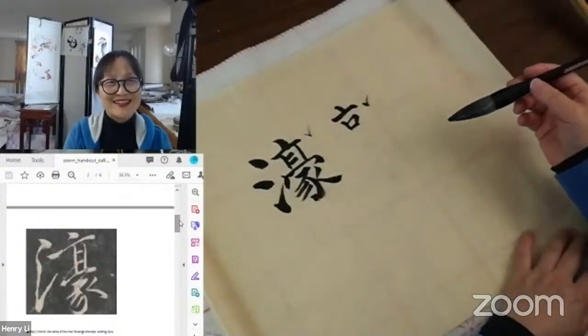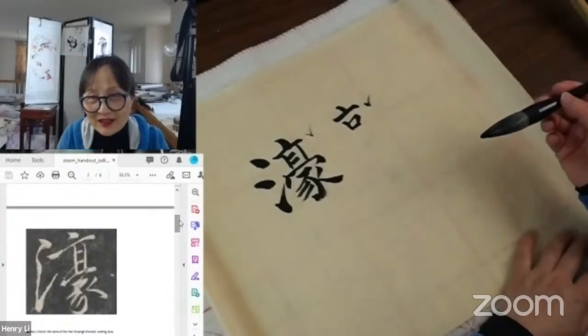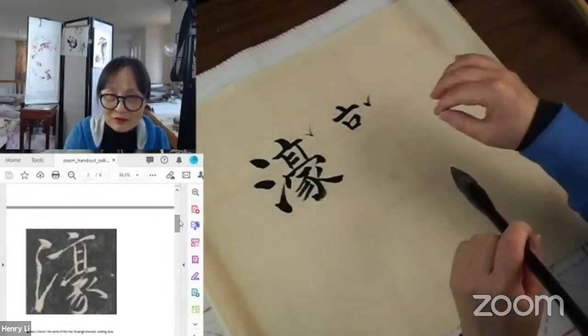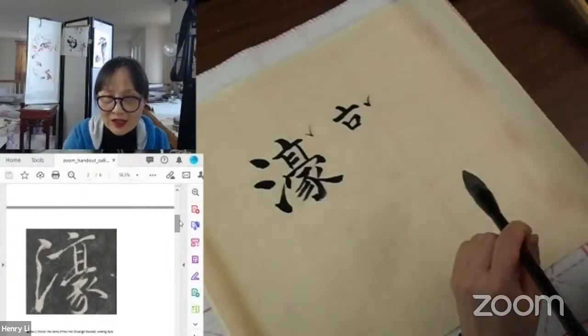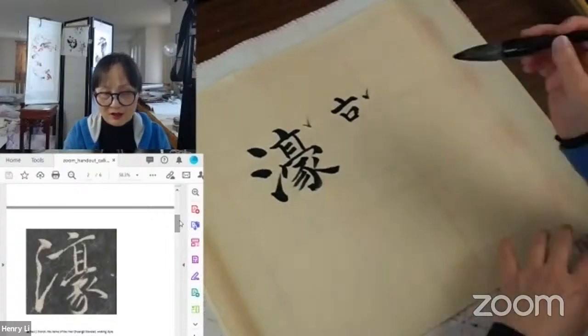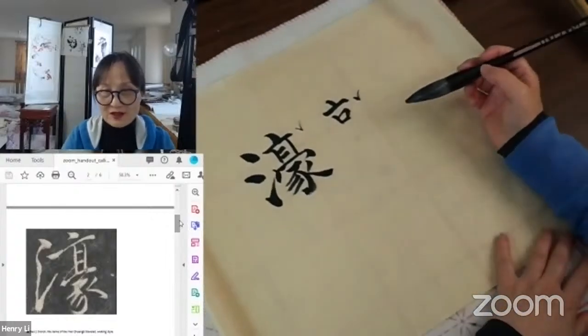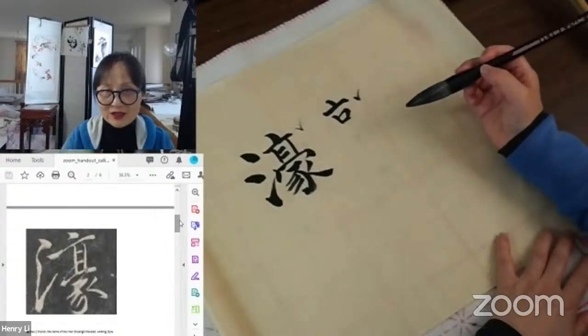Read it, which means you look at it and mimic it in your mind, seeing which part is which. That's why I asked whether it looks alike from the standard style. It becomes walking style, you can tell.